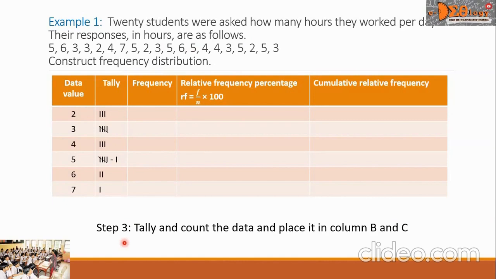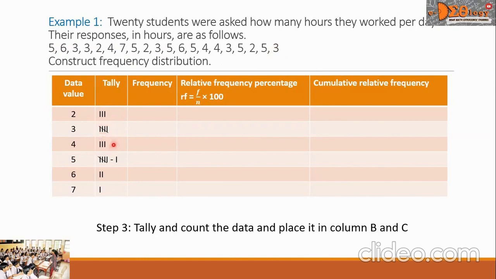For step 3, we will tally each raw data in the data set and put in the corresponding data value in our tally column. So in here, it means 3 times the number 2 appears in our data set. The same is true with number 3. 5 times it appears.